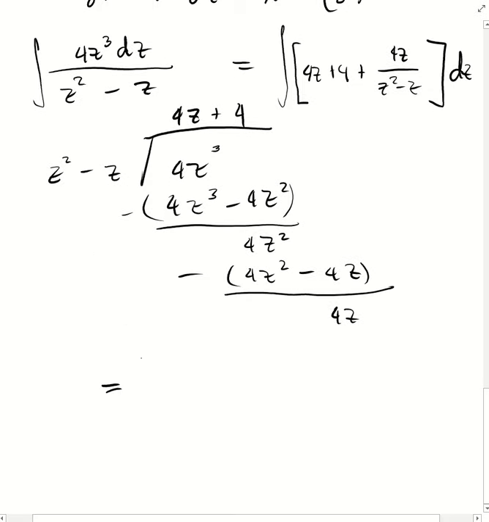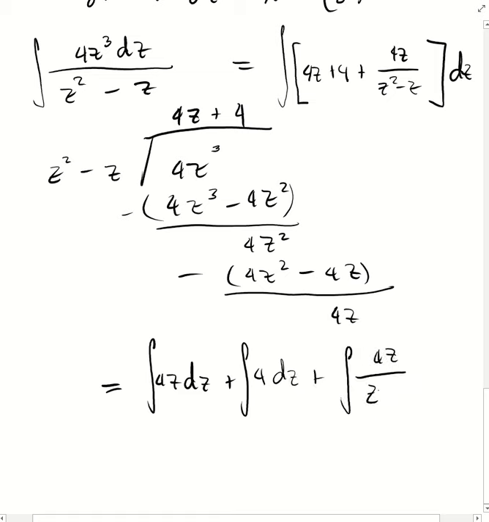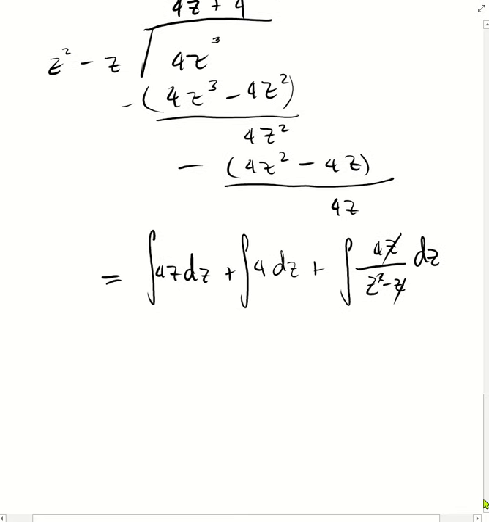So this will be the integral of 4z dz plus the integral of 4 dz plus the integral of 4z over z squared minus z dz. So here we can cancel out the z at the numerator with one z in the denominator. And we can also factor out 4.